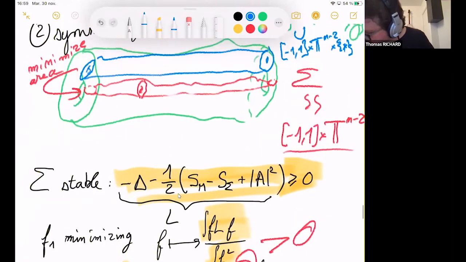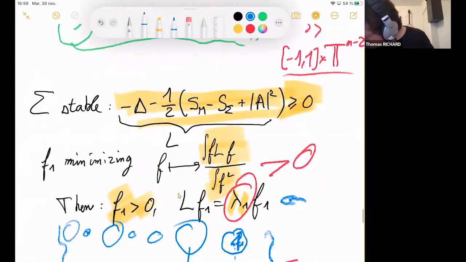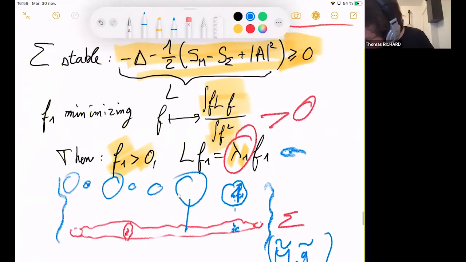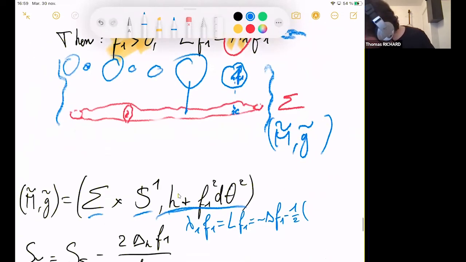And so what is L f1? It's minus Laplacian f1 minus 1/2 some term, scalar curvature of M minus scalar curvature of sigma plus this positive term which is of geometric nature, times f1. It's just writing that this is the first eigenfunction.